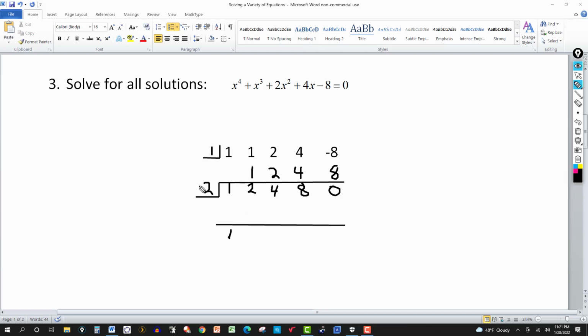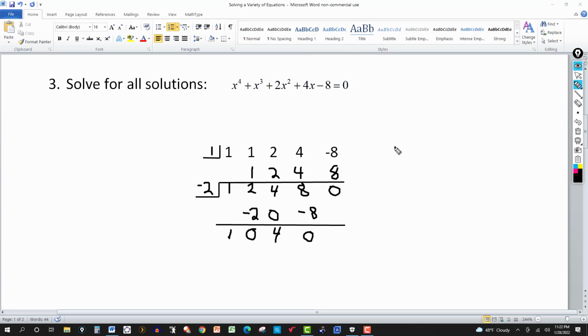So then I would try a -2. I go -2 times 1 is -2. And then -2 times, 2 and -2 will give me 0. And then -2 times 0 is 0. 4 and 0 is 4. -2 times a 4 is a -8. 8 and -8 is 0.